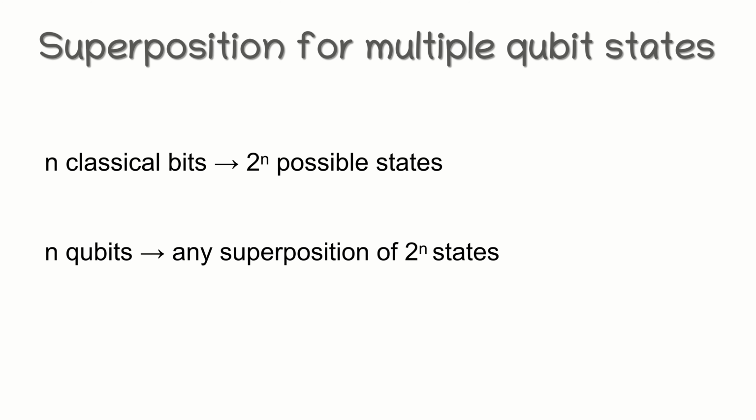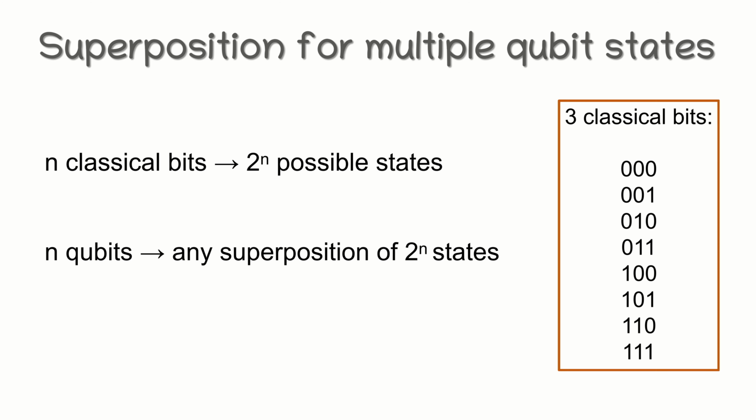This means that a system of qubits can represent much more possible states than the same number of classical bits, and therefore one can encode much more information to the qubits, and qubits have much higher computational power. For example, here are all possible states of 3 classical bits. A 3-qubit quantum register can exist in any arbitrary superposition of these 9 states.